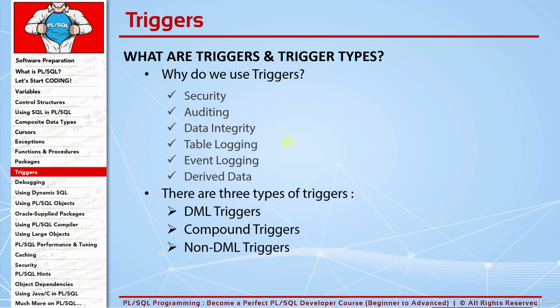I mean, I can say do that before this insert event, or do that right after the alter command of that table, or do this right before the shutdown process, etc. We can create triggers on tables, views, users, or the database itself, and they are fired automatically by the database when the specified event occurs.